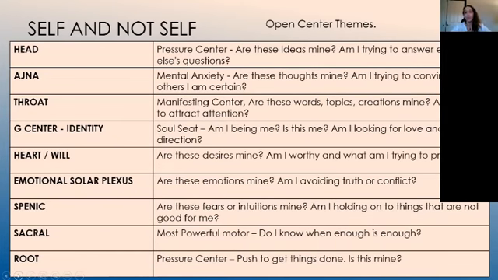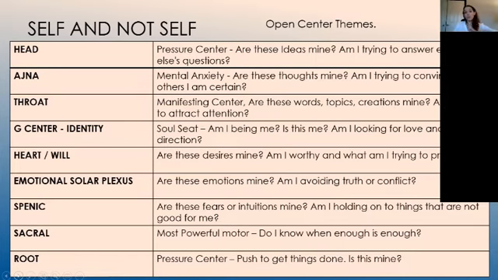And so your question to ask yourself: are these thoughts mine? Number one. And number two, am I trying to actually convince other people that I'm certain? Again, that anxiousness comes from feeling uncertain about whether or not the idea is something we can trust or follow, because it's an open center, which means you have an infinite way of figuring things out with your mind.